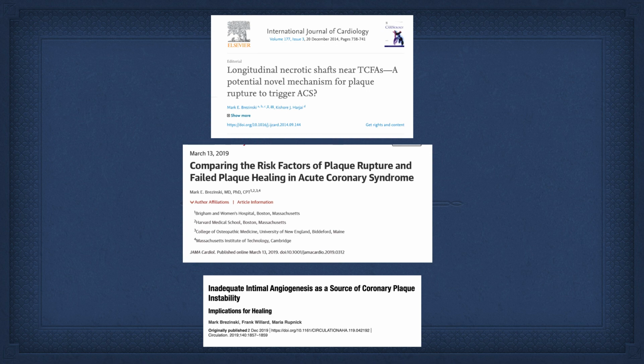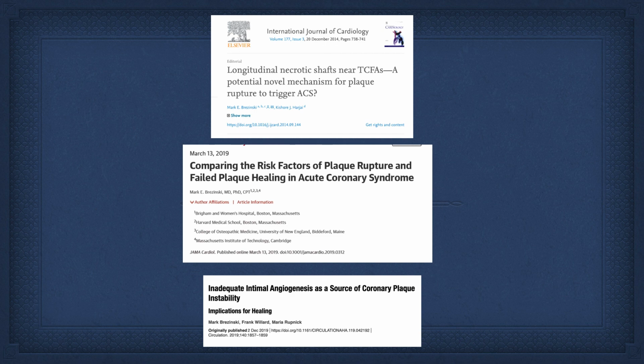So what's special about the 15 to 18% that progress to acute coronary syndromes? Well, in 2014, we linked them to long cores, not necessarily for the right reasons, as was pointed out by the Washington group and Mount Sinai group, but we were confident axially long cores were the key.